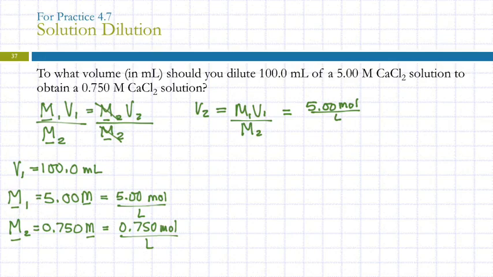When you make it horizontal with a slanted line, you'll lose your minds and you do crazy things that are wrong and you get the wrong answers. So 5 moles per liter, and the volume one is 100 milliliters. 100.0 milliliters. And then all of that is divided by M2, 0.750 moles over liters.